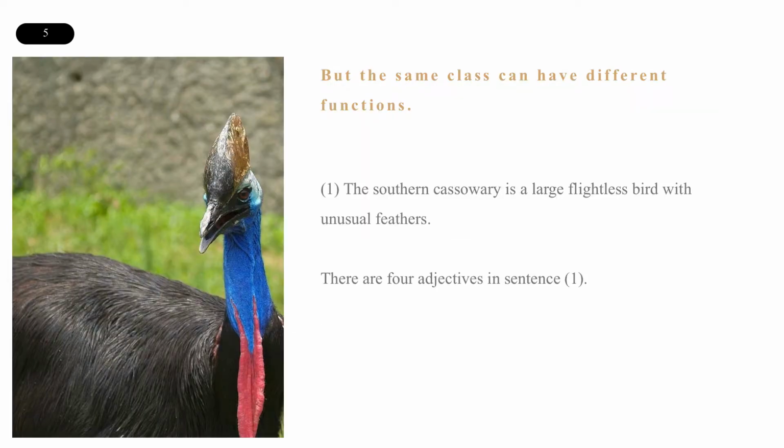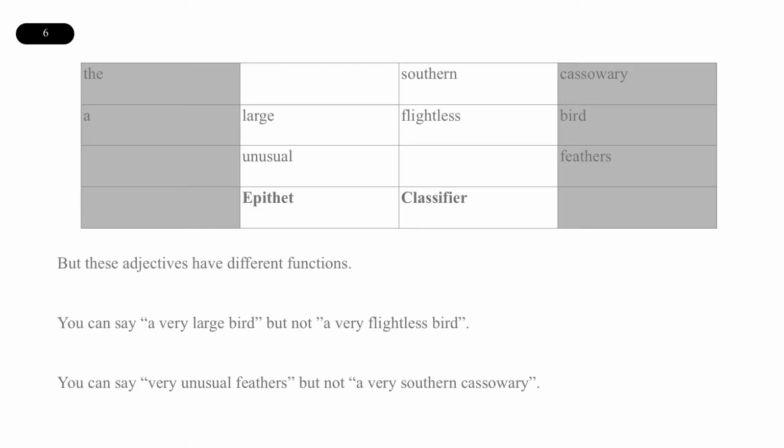But the same class can have different functions. So in this sentence, there are 4 adjectives. But these adjectives have different functions. You can say a very large bird, but not a very flightless bird.